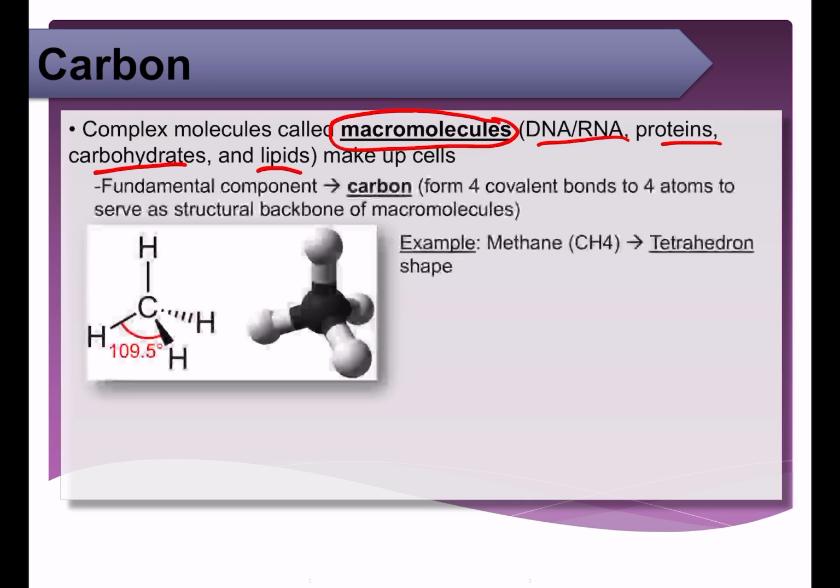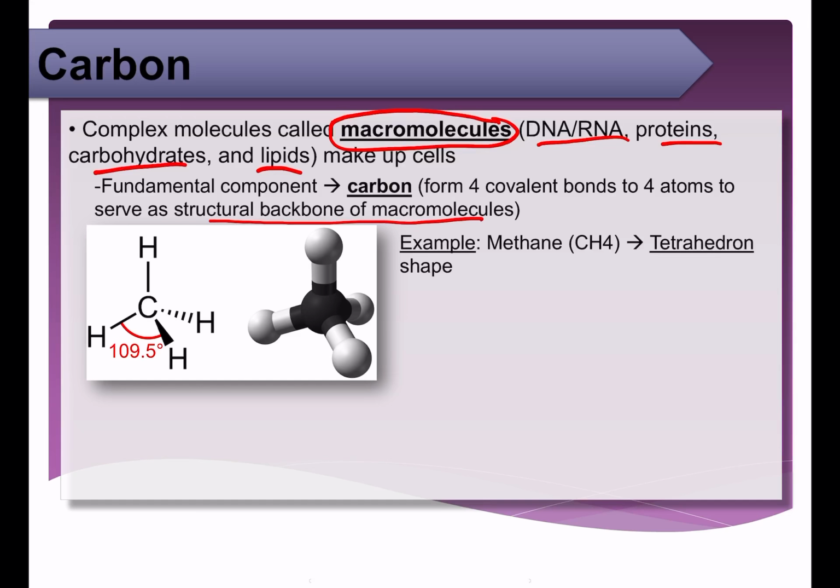Now, the fundamental component of macromolecules is the element carbon. And remember, we learned in the beginning of the chapter that carbon is capable of forming 4 covalent bonds to 4 other atoms. And this usually ends up serving as the structural backbone of many of our macromolecules.